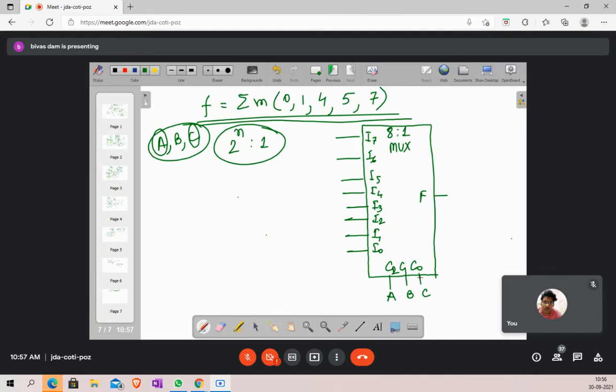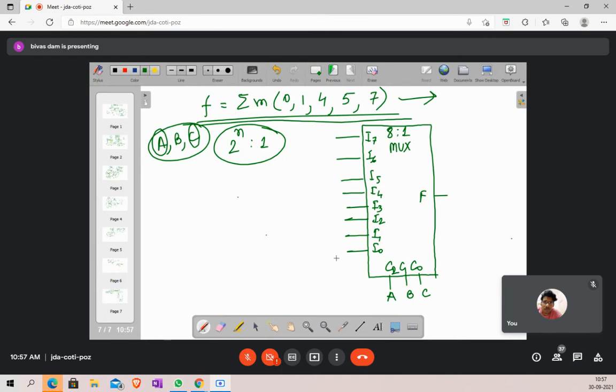Now when A, B, C all three bits are 0, what should be the output that you can predict from this expression? The required output is 1, because in the function the minterm 0 is present.